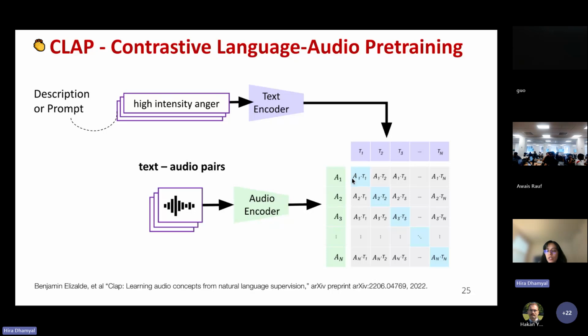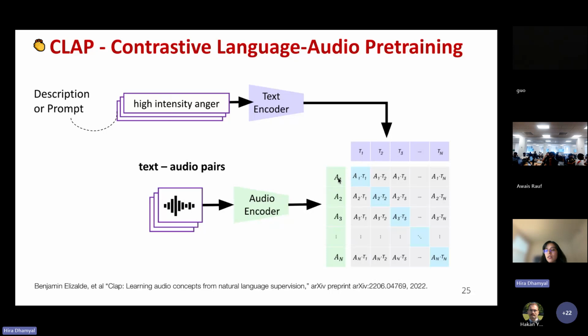And then we put these into a joint multimodal space, where the objective is that we know the true pairing of each audio.